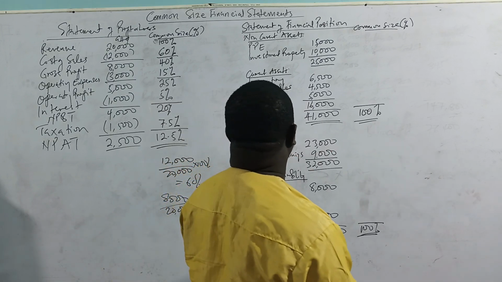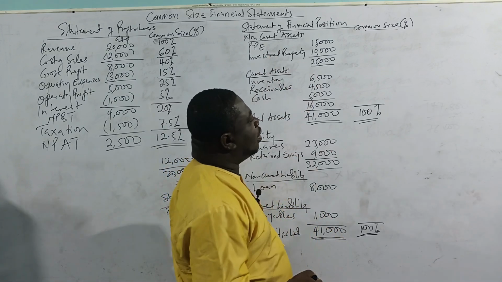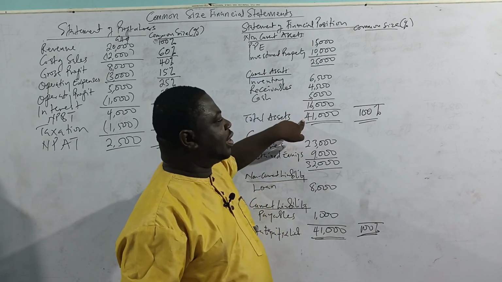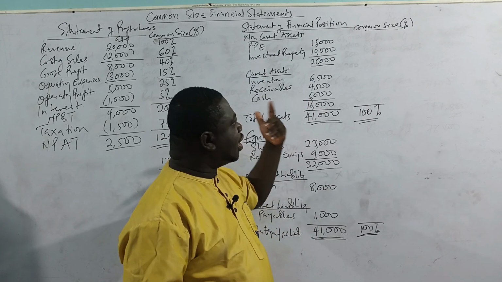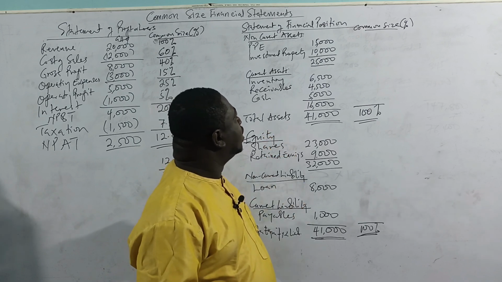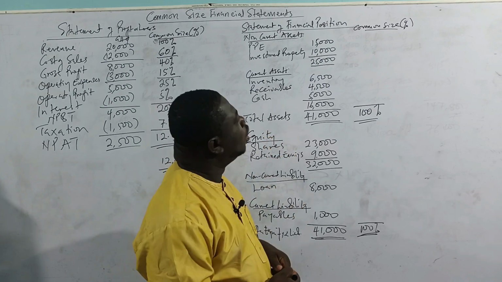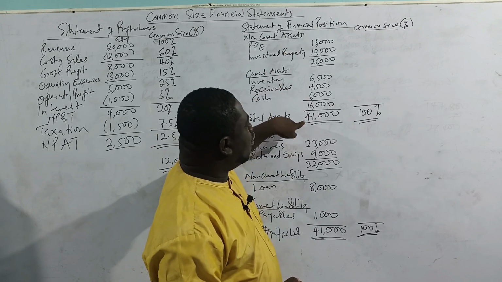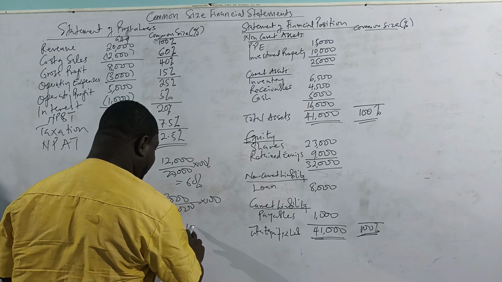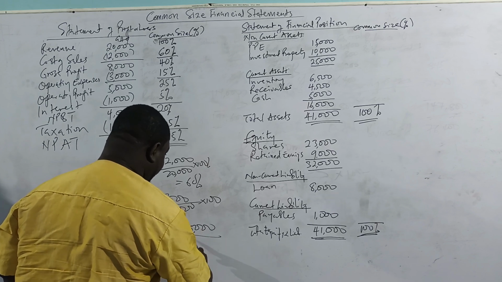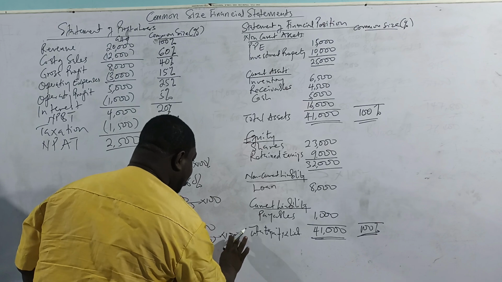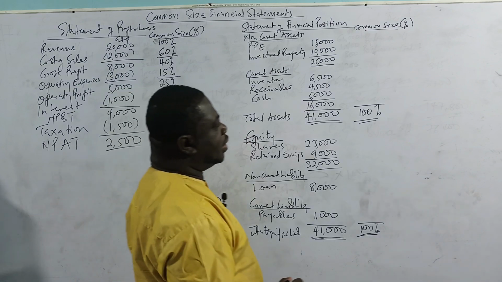So we can say that if PPE is 15,000, then it's going to be 15,000 over 41,000 times 100. That is how we calculate for the non-current assets, the PPE. So 15,000 over 41,000 times 100, and all of them will be over 41,000 because the total assets is 41,000.